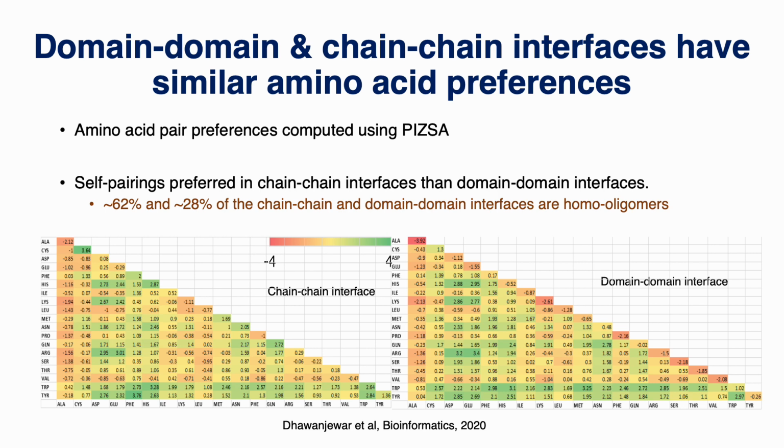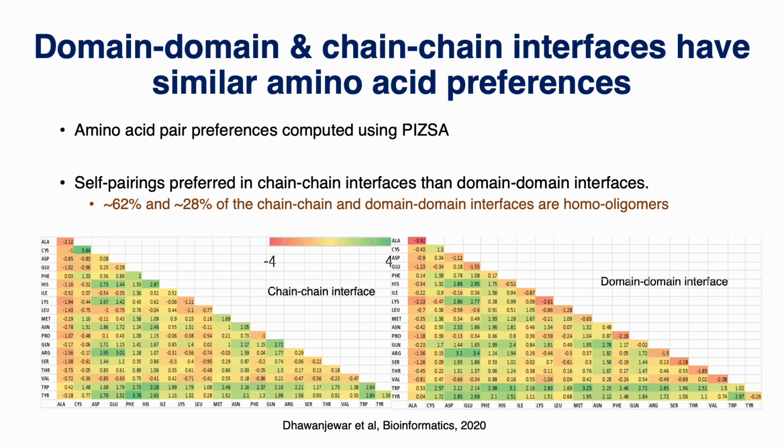Over here is a heat map that shows the same. The higher the value, the more likely the interaction is to be seen in the PDB. We see that the trends of pair preferences are very similar in domain and chain interfaces. However, self pairing is more preferred in chain interfaces as compared to domain interfaces. Again, this likely stems from the fact that around 62% of the chain interfaces are homooligomers, while only 28% of the domain interfaces are homooligomers.